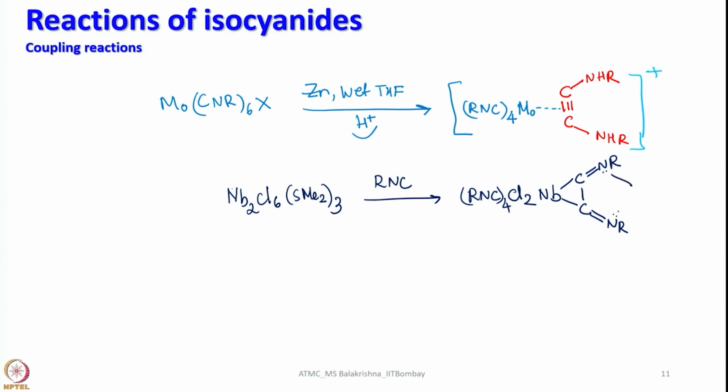These lone pairs will be donated to the other niobium that has four chlorides on it. So, these are the examples of coupling reactions one can perform on bound isocyanides.